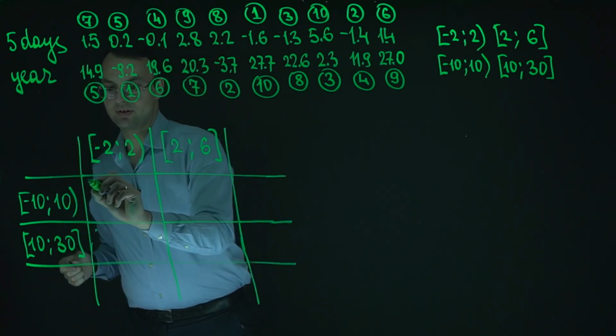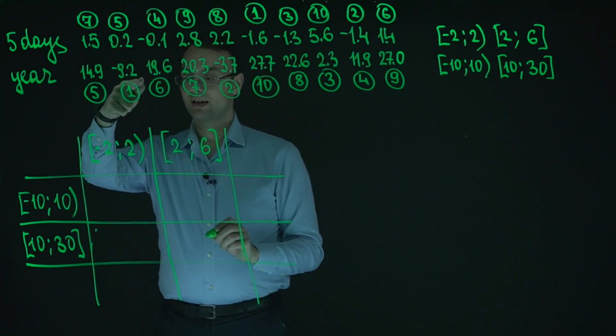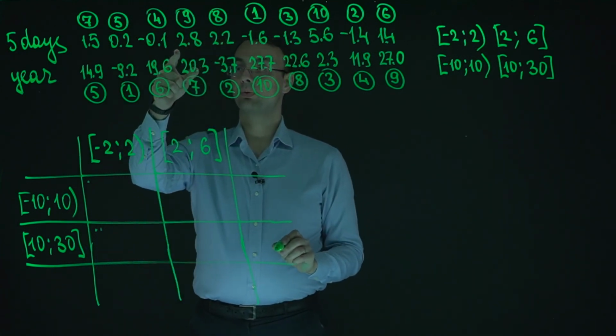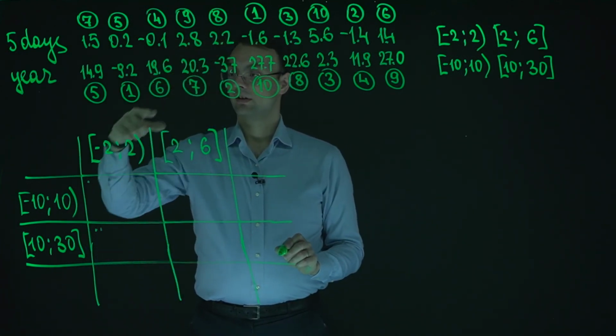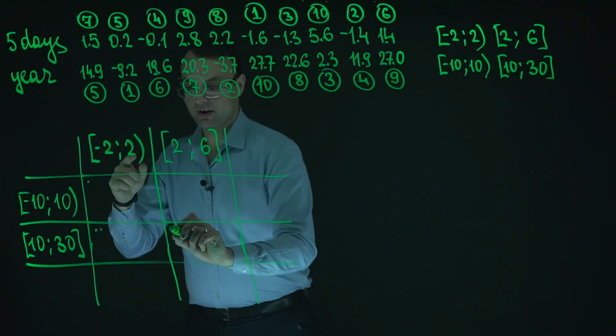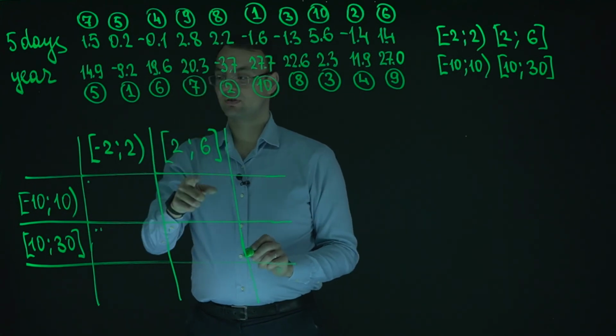So it is here. Minus 0.1, 19.6 here, 2.8, 20.3 here. Then 2.2, minus 3.7 here.